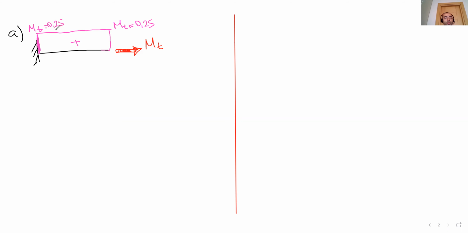What this diagram says to us is that we see a constant torsional moment all over the cantilever that we are dealing with. So we will use this constant torsion in our calculations.